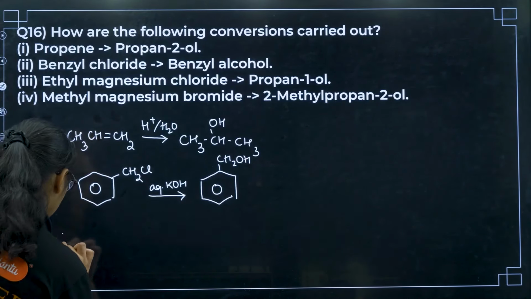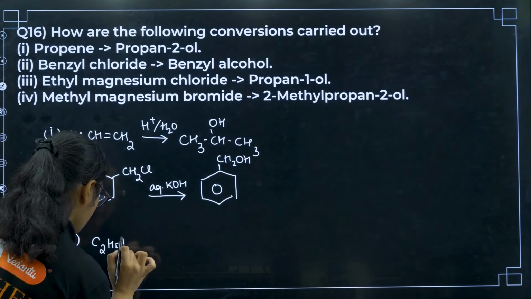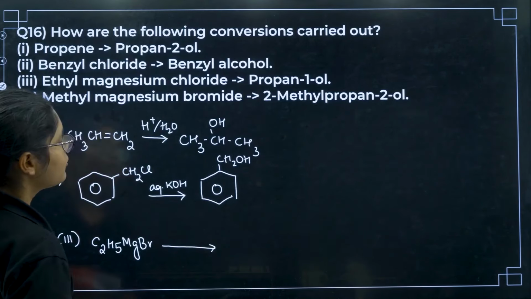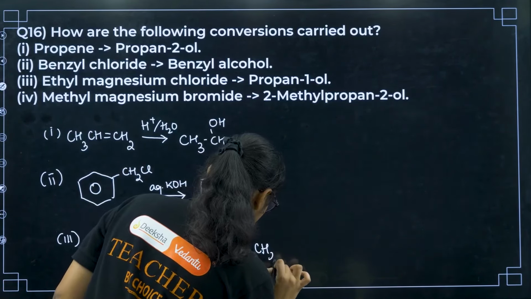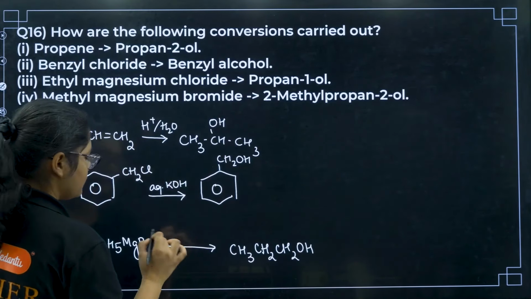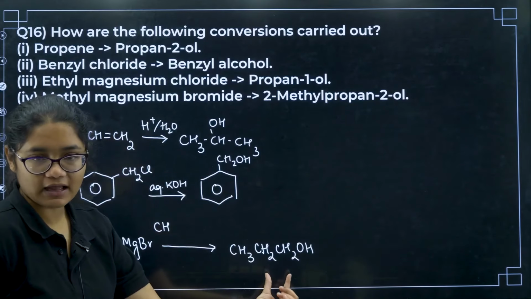Ethyl magnesium bromide. You have ethyl magnesium bromide to propan-1-ol. So we have here propanol. Now you see we total need 3 carbon.